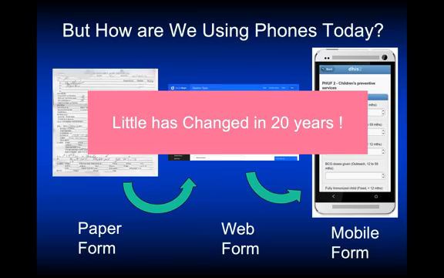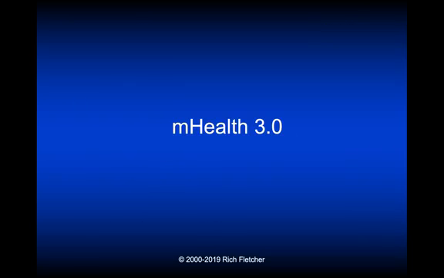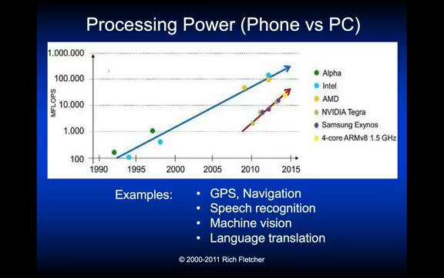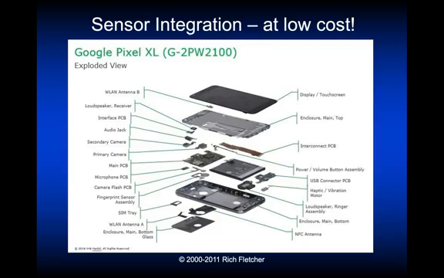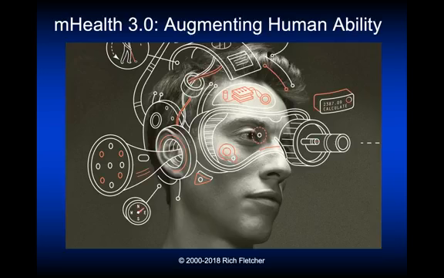So what my group is interested in doing is what we call the third generation of mHealth, and we're trying to use the processing power of the phones and all the sensors that are inside the phone. If you give all these capabilities to a community health worker or a doctor, it enhances their existing senses. For example, they can see things that they cannot usually see with their eyes.